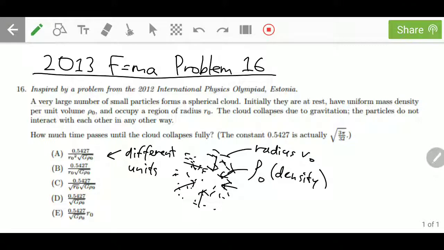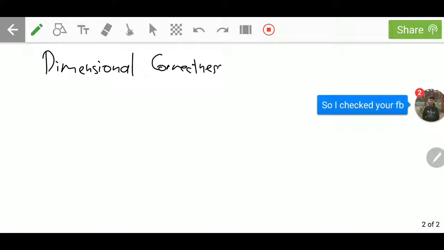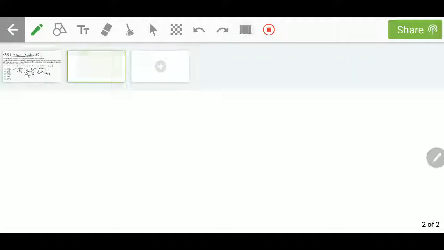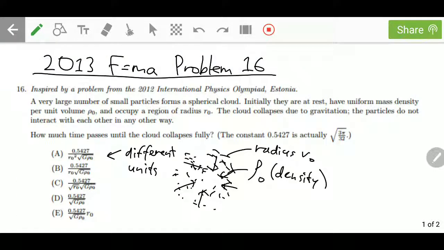So it seems that really the units are just the important part, and that will give you the clue that this is really a problem about dimensional analysis, or at least checking dimensional correctness, and really not about actually attempting to carry out this calculation.